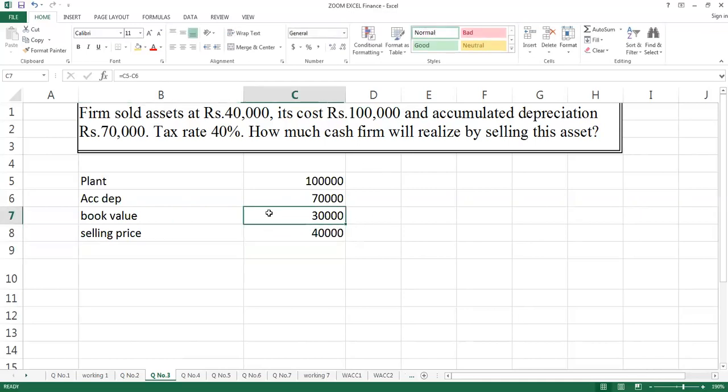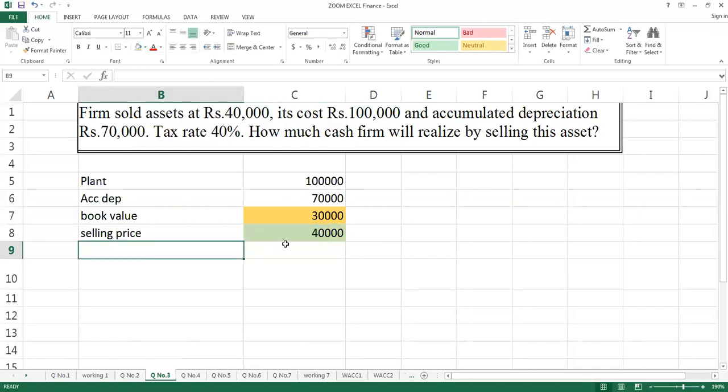Now take these two pieces of information and think carefully, without going into much complication of finance, whether you are getting a profit or a loss. Yes, book value is 30,000, and the price at which you are selling is 40,000.